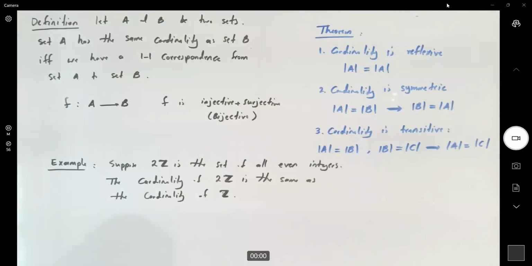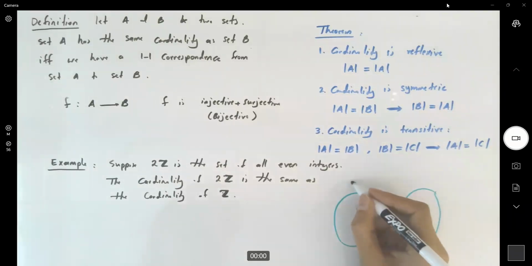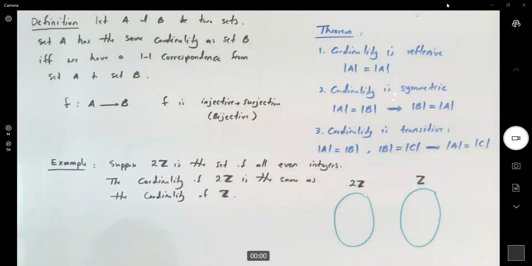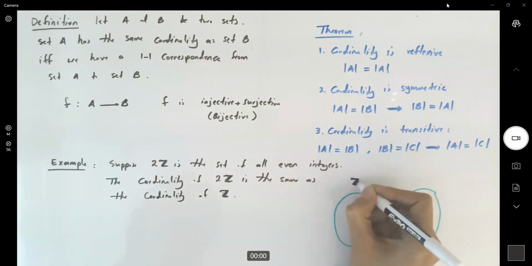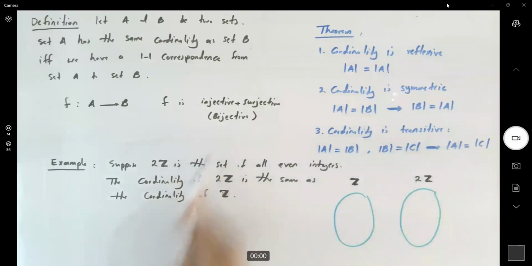Well, think about this function. I have my 2Z and I have my Z. Or vice versa. You can define any function that you like that is bijective.